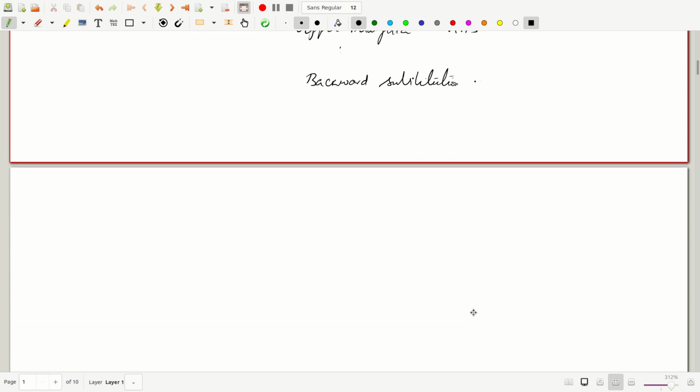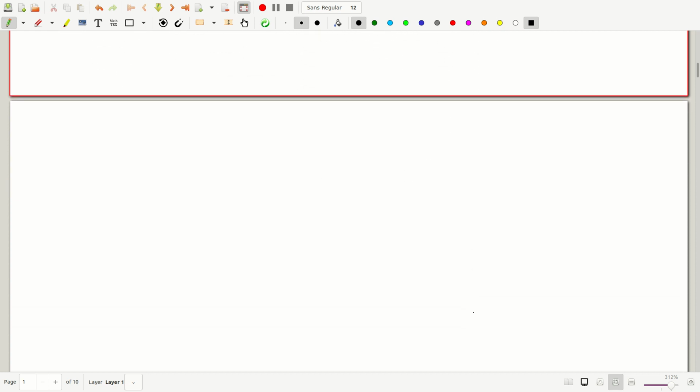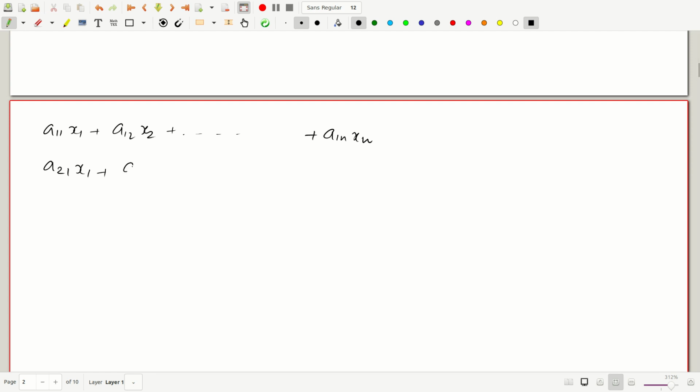So if I were to write down this matrix A using equations, we have A11 x1, A12 x2, and all the way to A1n xn, and then the second equation will be A21 x1, A22 x2, all the way to A2n xn.